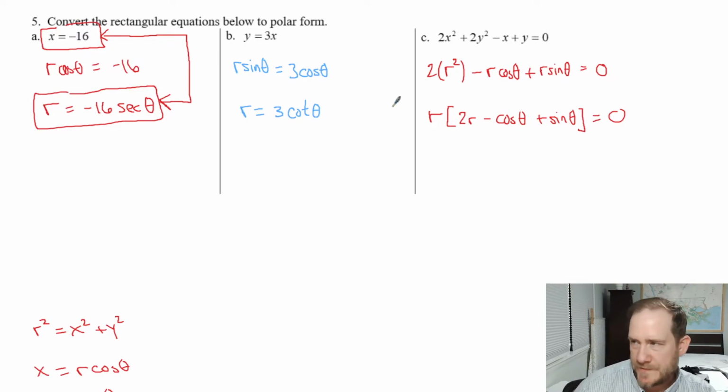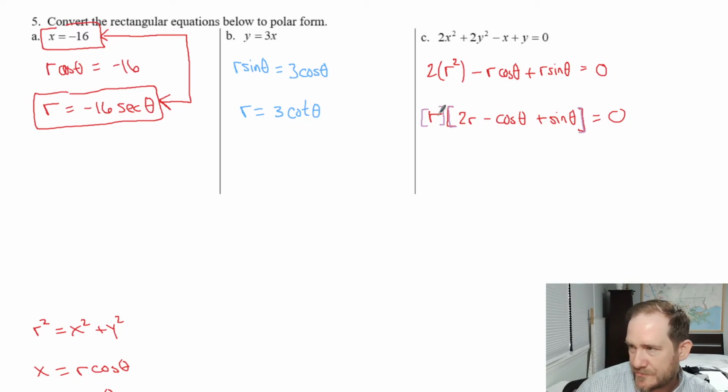Then if you stop and think about it for a second, if you think of this as a separate equation, then this thing for r equals 0, usually you can just get rid of that, because usually you get that same answer here anyway.